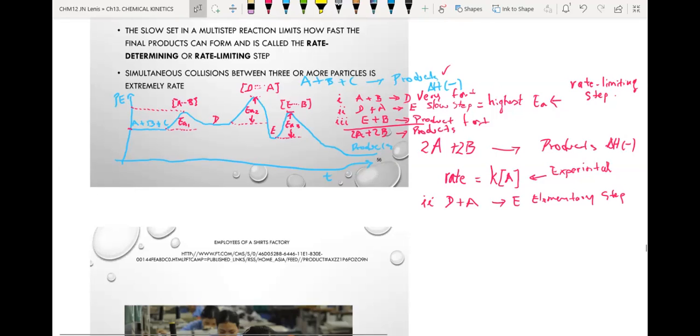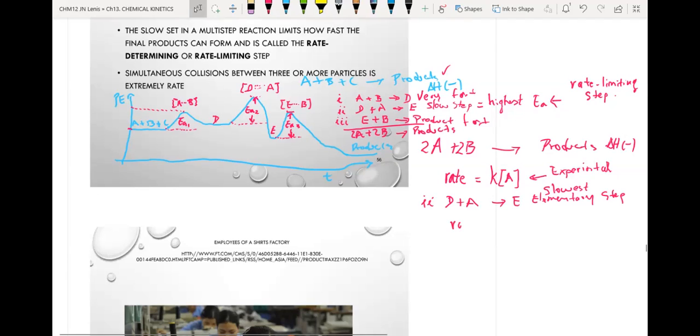This is actually the slowest step, the slowest elementary step of the mechanism. So you take that out and you write the rate law for that step.